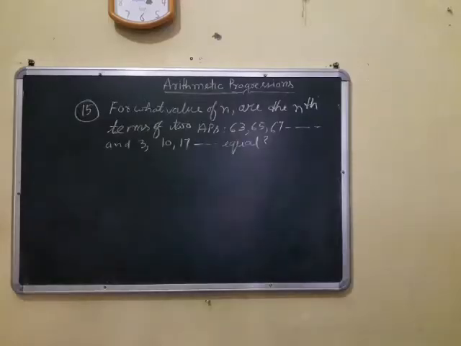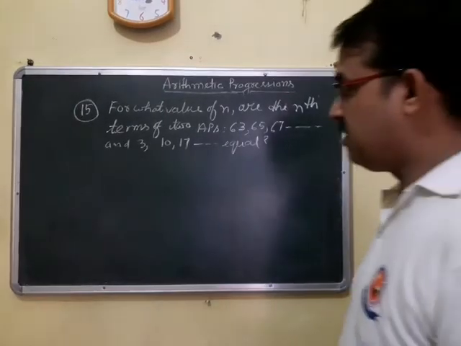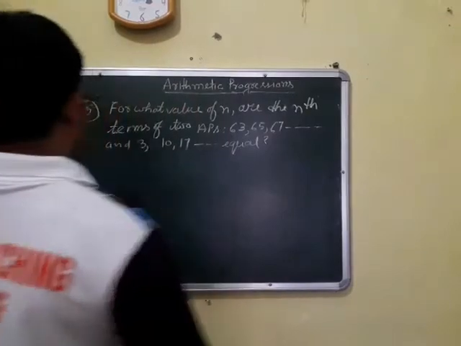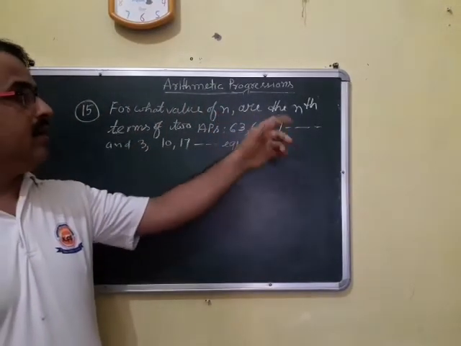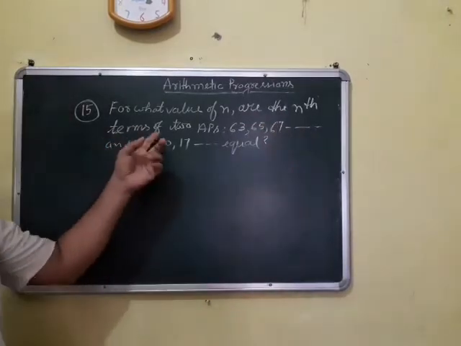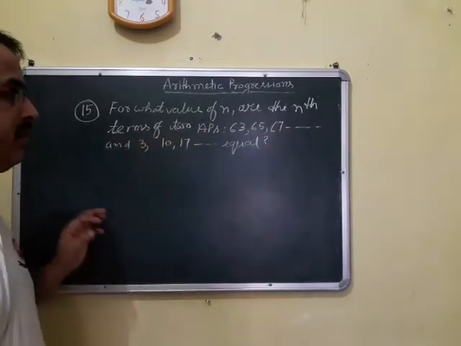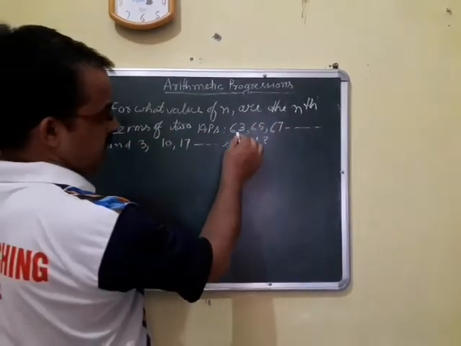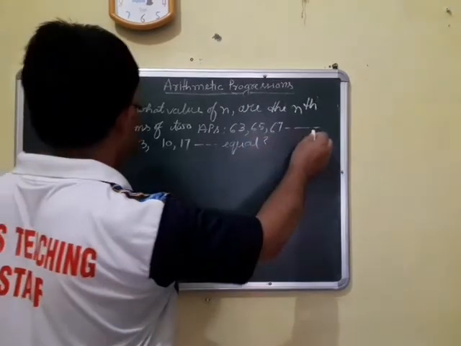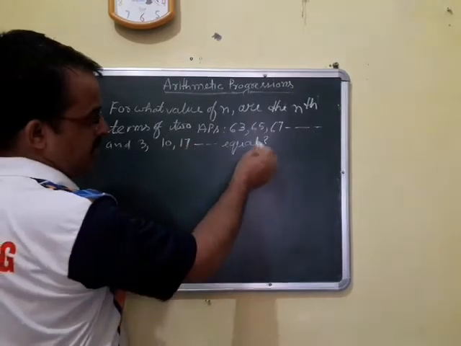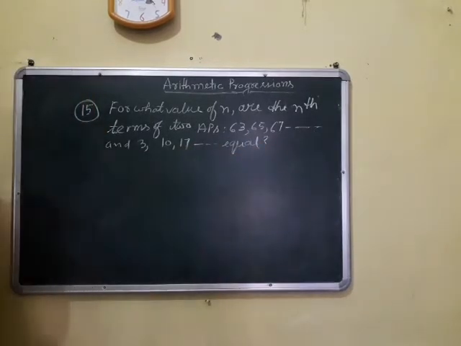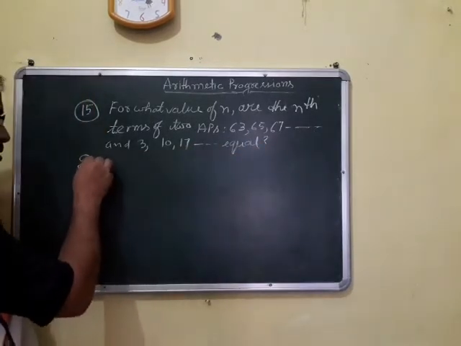Here two sequences or series are given. For what value of n are the nth terms of two APs equal? Here two APs are given, 63, 65, 67, and the second one is 3, 10, 17. Now look at the solution.